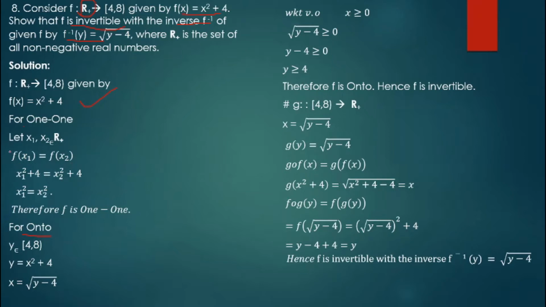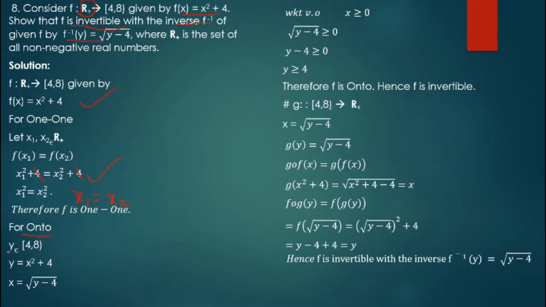What is f(x)? x² + 4. So x1² + 4 = x2² + 4. Here 4 gets cancelled, so x1² = x2². When we take square root both sides, we get x1 = x2, and we know that x1 and x2 belong to R+. So we have shown that f is one-one. One part is over.